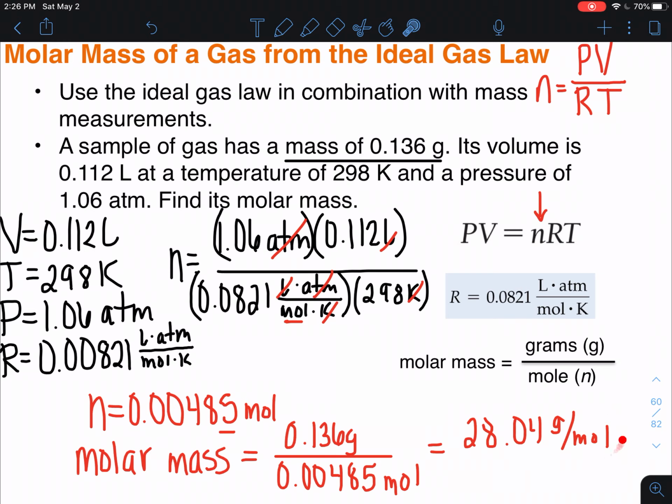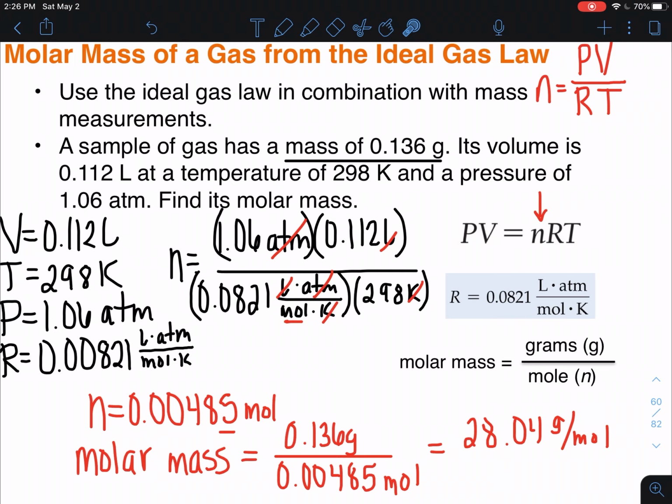So what is 28.04 grams per mole? If you look at your periodic table, this could be a diatomic gas, or this could be a noble gas, right? Of course, the one periodic table that I bring up doesn't give me my molar masses, so hold on just a second. Right here. So we're looking at 28.04.